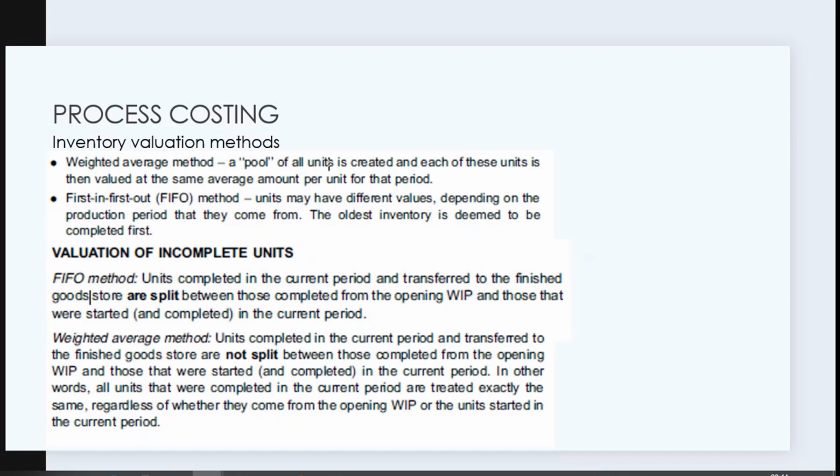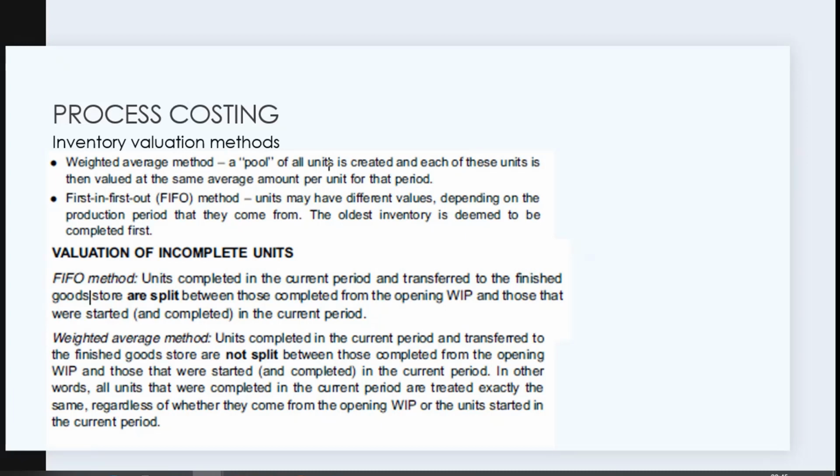We've looked at weighted average, and that is just a reminder of how you value your inventory under this specific method. With first in, first out, units may have different values because it depends on the production period that they're coming from. The oldest inventory is deemed to be completed first, hence first in, first out.